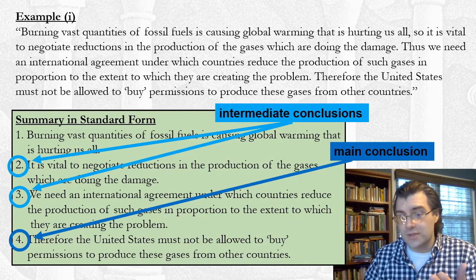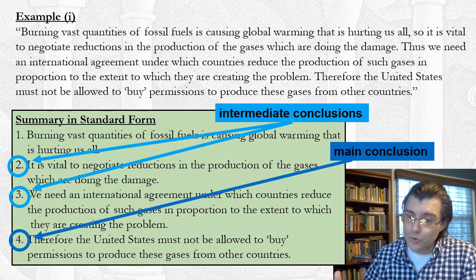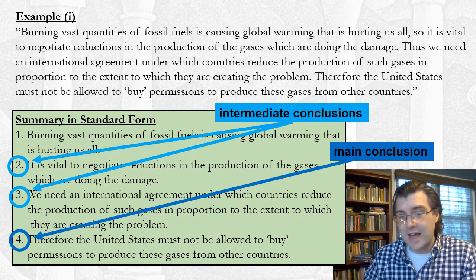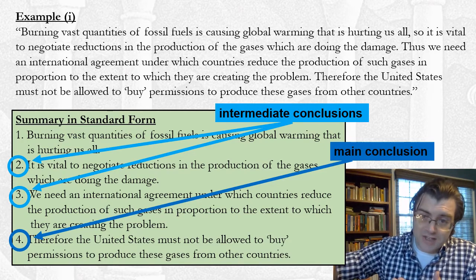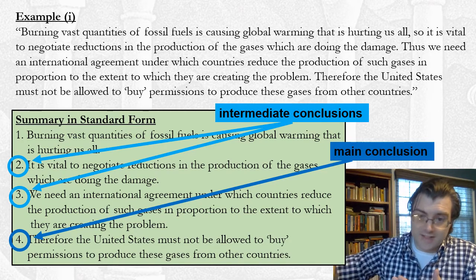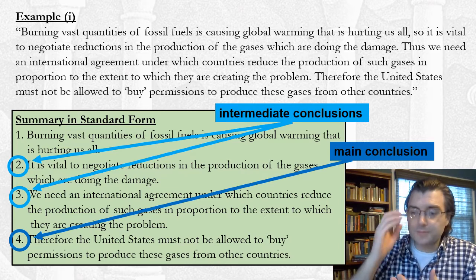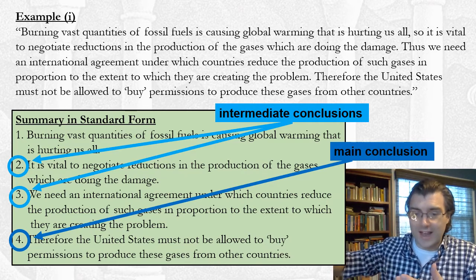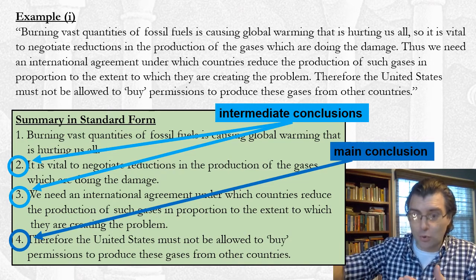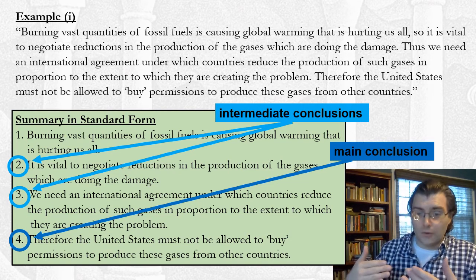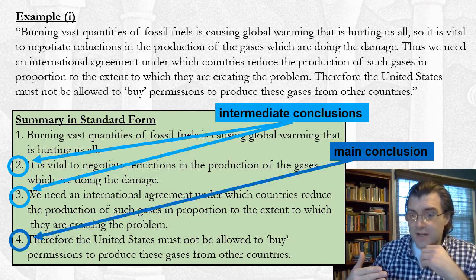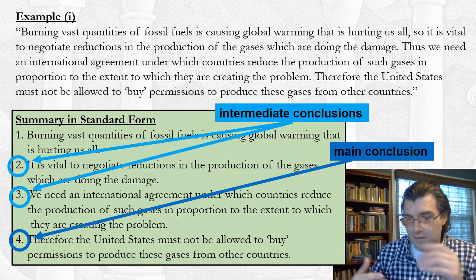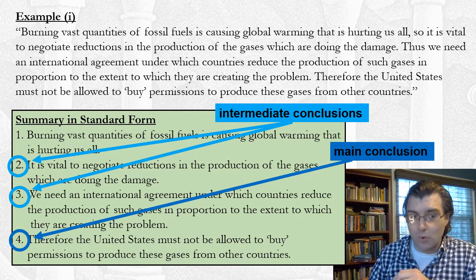That word so is serving there as a conclusion indicator, telling us that sentence 2 in the standard form summary is a conclusion that's supposed to be supported by the first claim that's made, labeled here as claim 1.